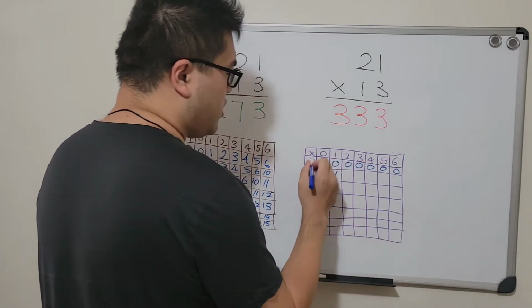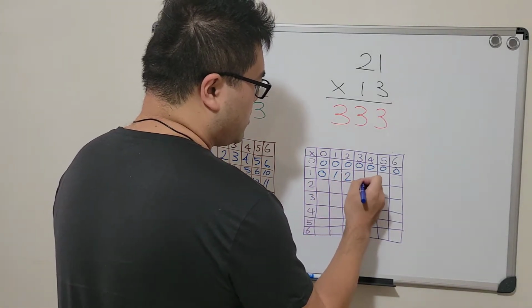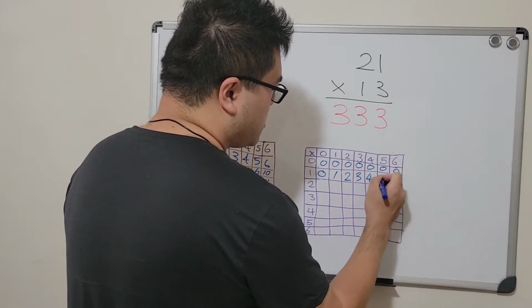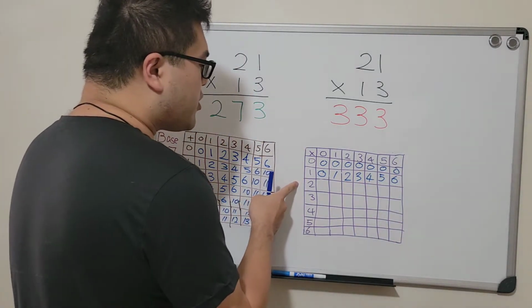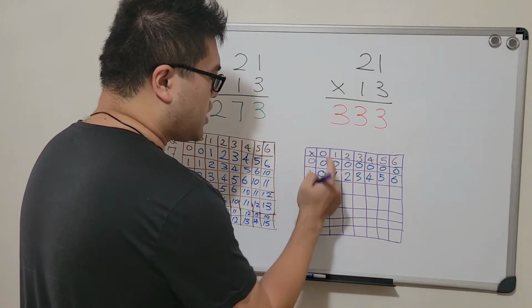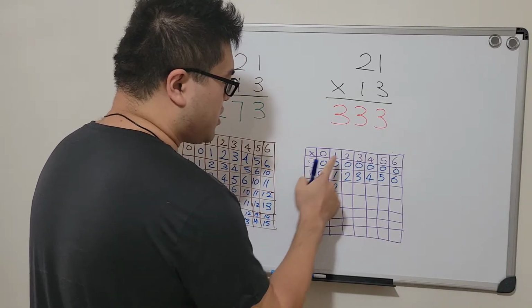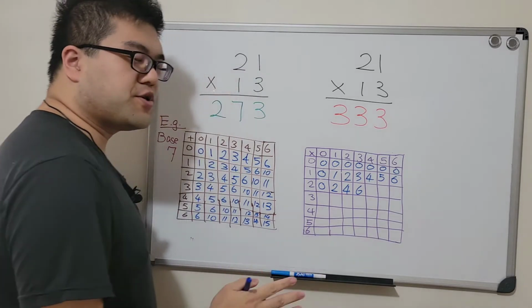So we get 1 times 0 is 0, 1 times 1 is 1, 1 times 2 is 2, and so on and so forth. Now, let's say we're doing 2. 2 times 0 is still 0, 2 times 1 is 2, 2 times 2 is 4, 2 times 3 is 6. So far, so good.